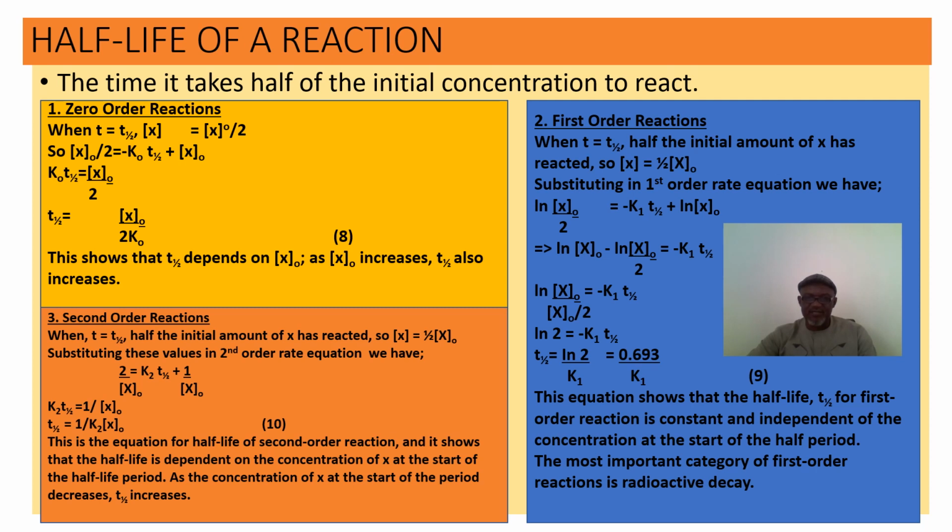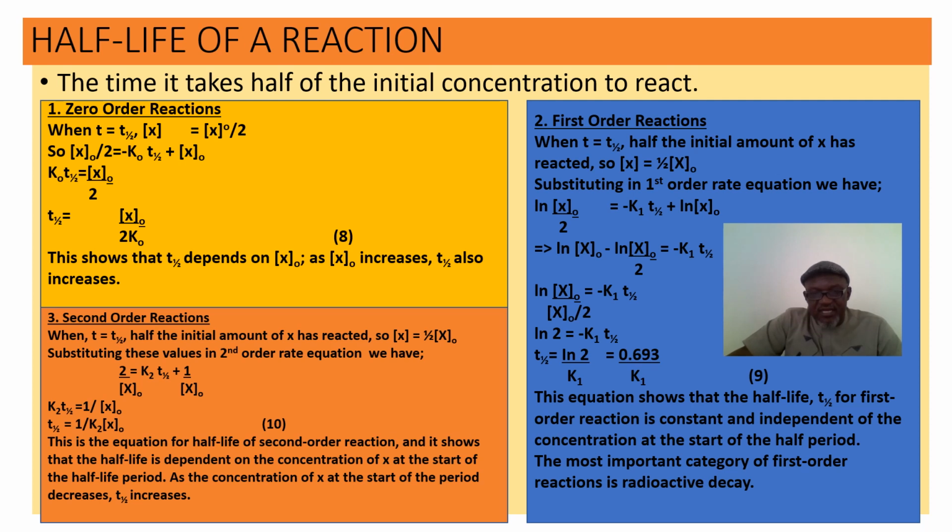It will remain 2. So we have ln 2 is equal to k1 t half. So t half will be equal to ln 2 over k1. And ln 2, if you check your calculator, is 0.693. That's equation 9.